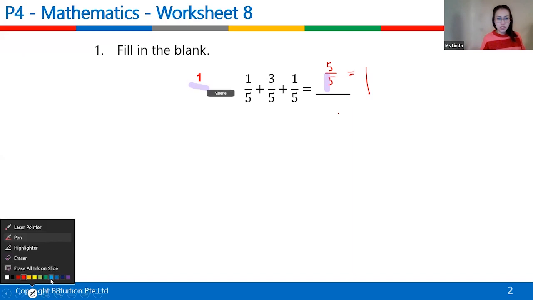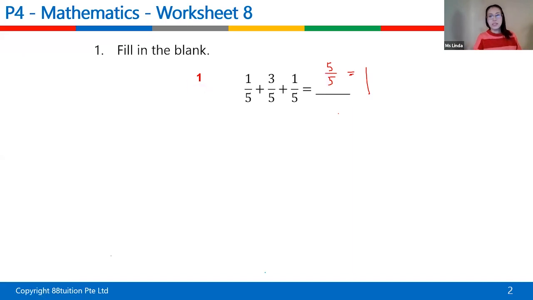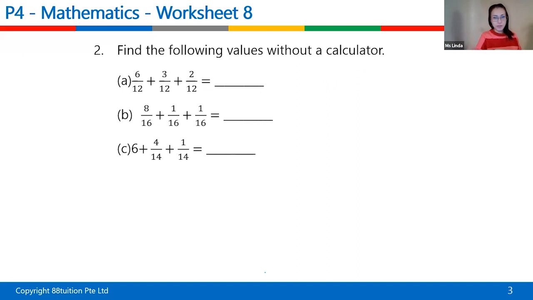Let me change my pen color. This one now, let's try. No calculator, all this will be in working.